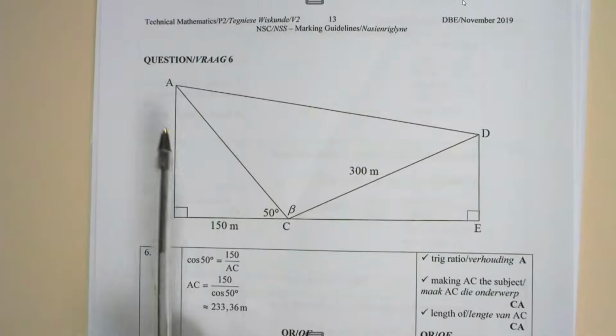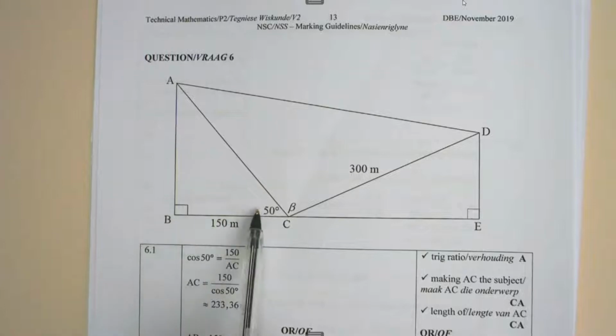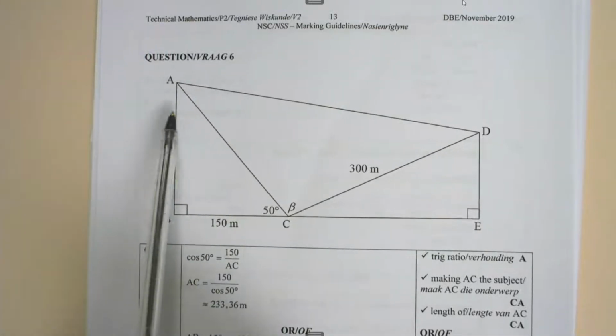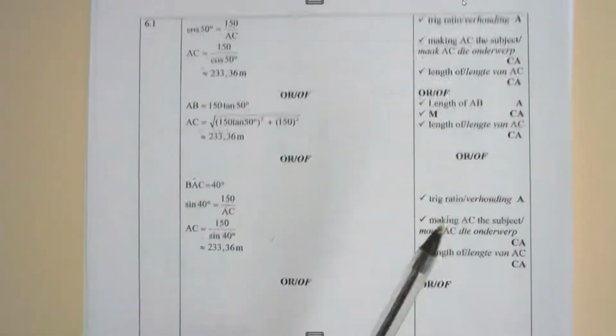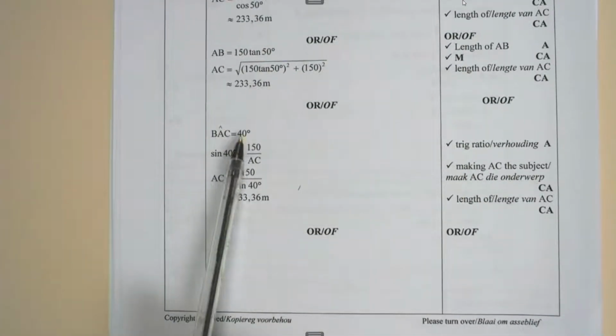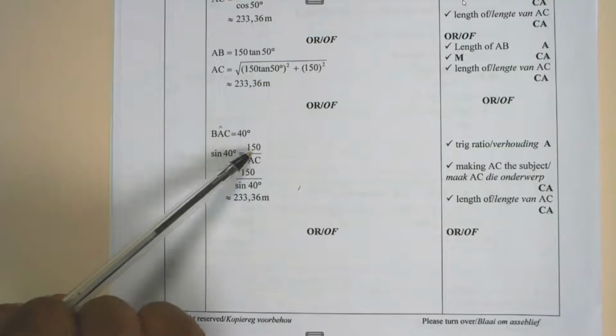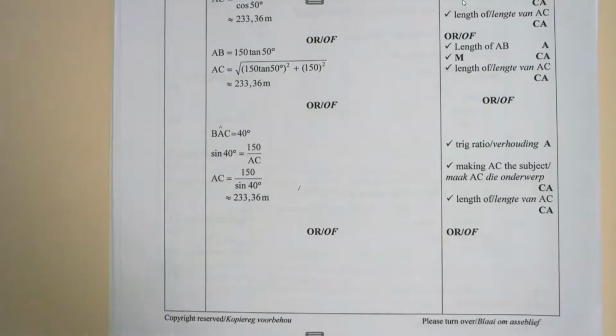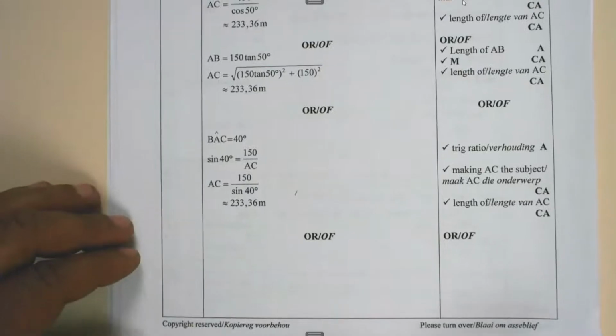If a learner decided to look for the angle A, because you can say 90 minus 50, it will give us 40. So a learner may approach it with this alternative to say sine 40 degrees is equal to 150, which becomes the opposite side, all over the hypotenuse side, which is AC, and then the answer will still be the same.